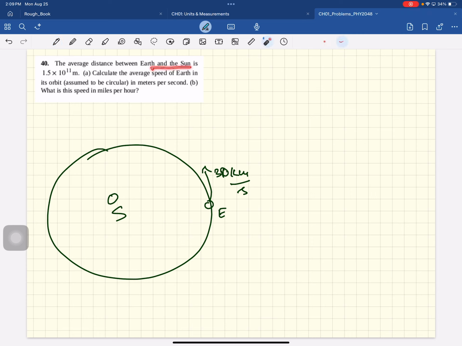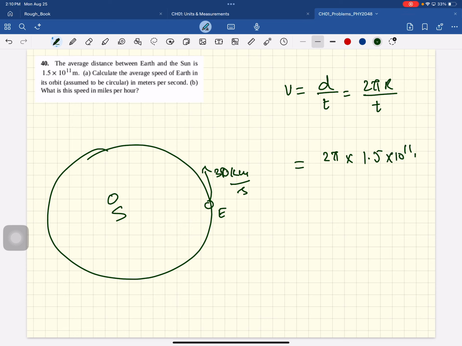They tell you the average distance between the Earth and the Sun is, okay, so the orbital radius is 1.5 times 10 to the 11 meters. Okay. So the orbital speed would be distance divided by time. Distance is 2 pi r divided by time. And the time it takes for the Earth to go around is 1 year. Okay. So 2 pi times 1.5 times 10 to the 11 meters divided by 1 year, which is 365 days, 24 hours. Okay.